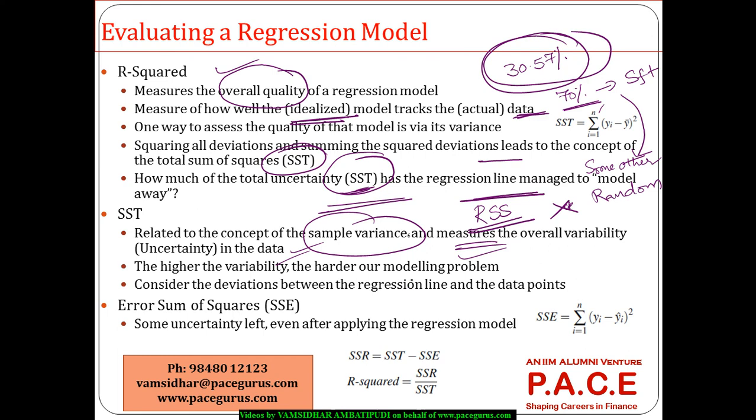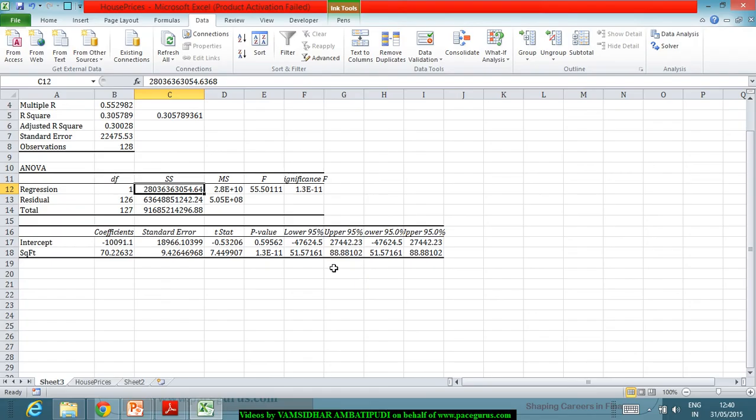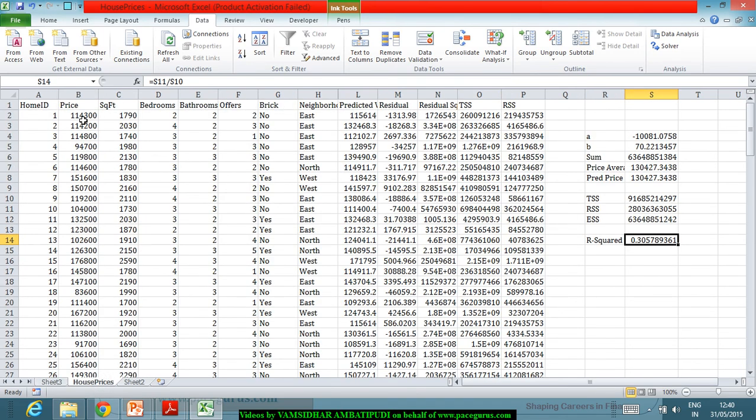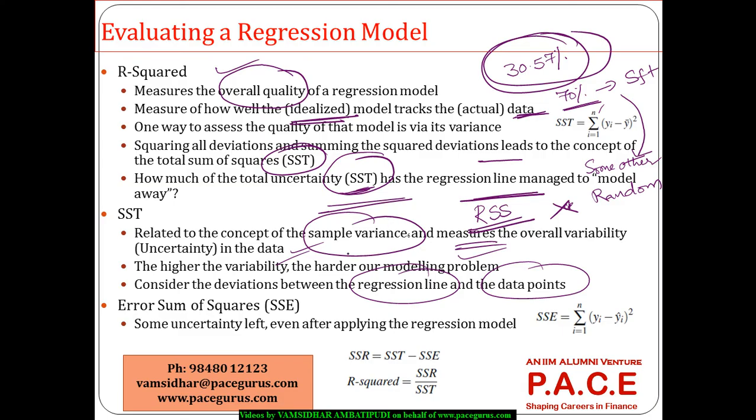And it considers the deviations between the regression line and the data points we have already talked about. So these are the actual data points, whereas this is our regression data point. The difference between these two results in a residual and the residual squared. That is what comes out as the error sum of squares, whatever is the uncertainty that is left even after applying the regression model.